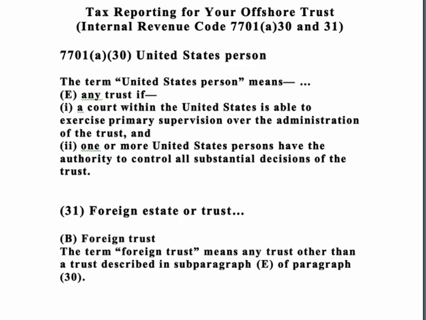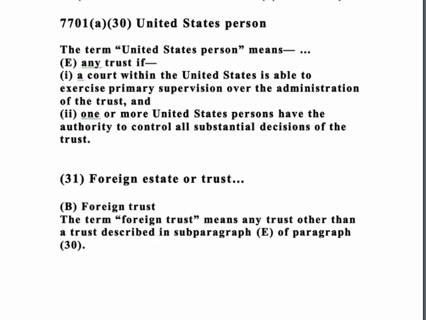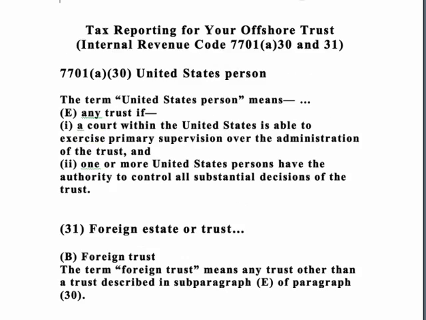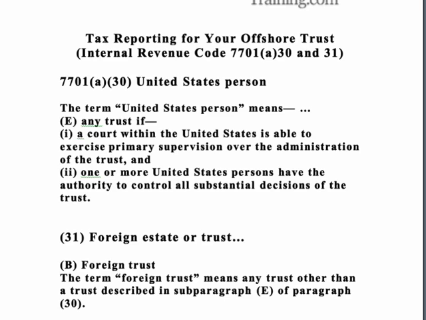Now, this is combined with 7701(a)(31), which says a foreign estate or trust is any trust other than a trust described in subparagraph E. That's 7701(a)(30)(E). This is something you can download below, so don't fret over it if you can't see it all with me moving it around.